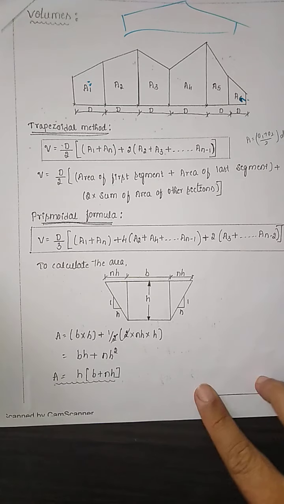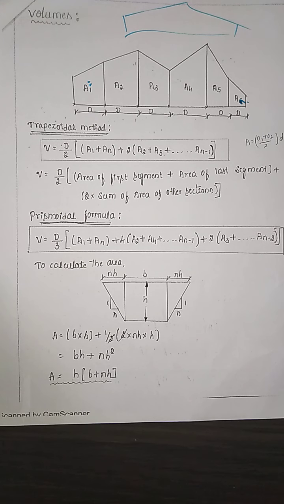Next is by using the prismoidal rule. If your given section is not trapezoidal, or if it is a prismoidal section, then we will be using the prismoidal rule.